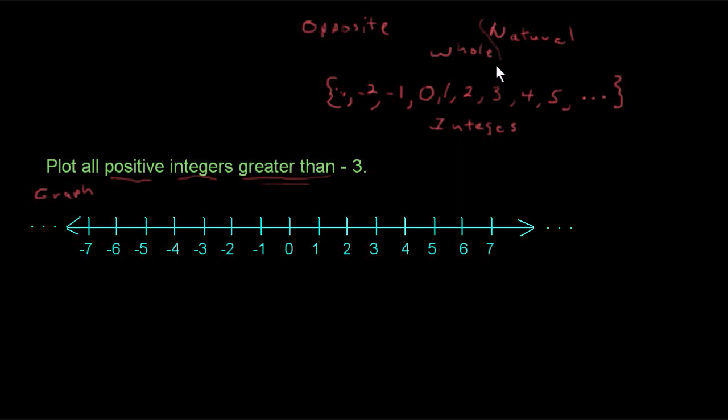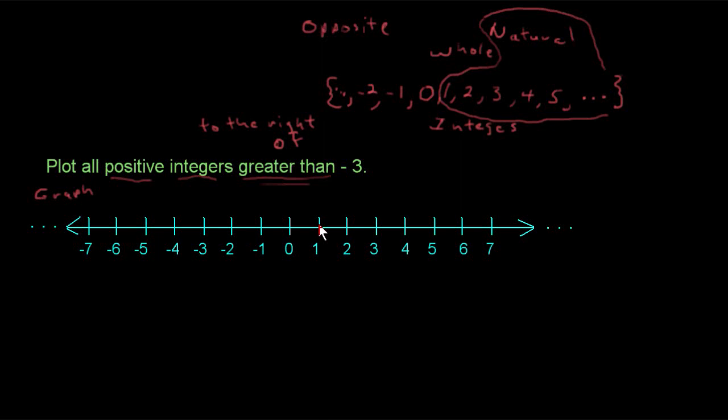From the set of integers, we want the ones that are positive, and notice that they're the same as the natural numbers. Now, what does greater than mean? Greater than means to the right of, as far as the number line is concerned. So we're looking for numbers to the right of -3 that are also positive. The first couple are not positive, and 0 is not positive.